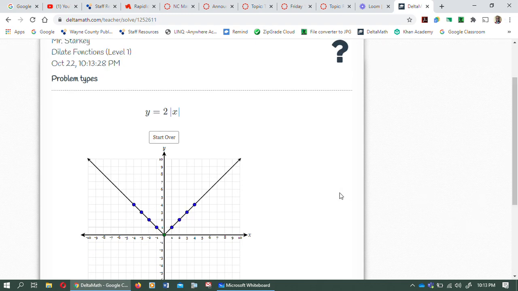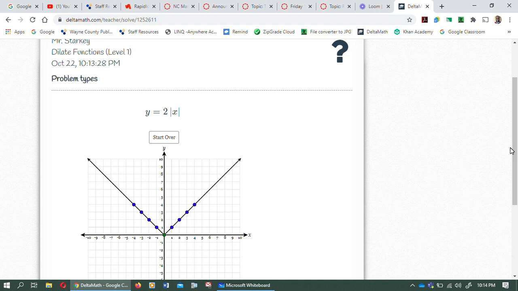Of course we had some other different types of problem sets, because the first two types of problem sets that I just showed you were on reflections. And again, we talked about not only reflections, we talked about dilations in this video lesson too. So this particular problem set says level 1.